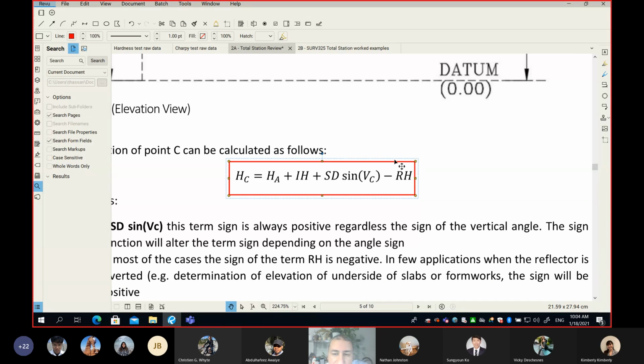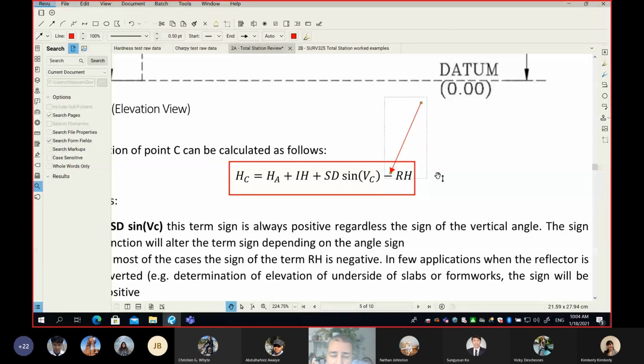What I want to confirm is that in 99% of cases, the RH we have to subtract, because the point of interest falls below the center of the prism.